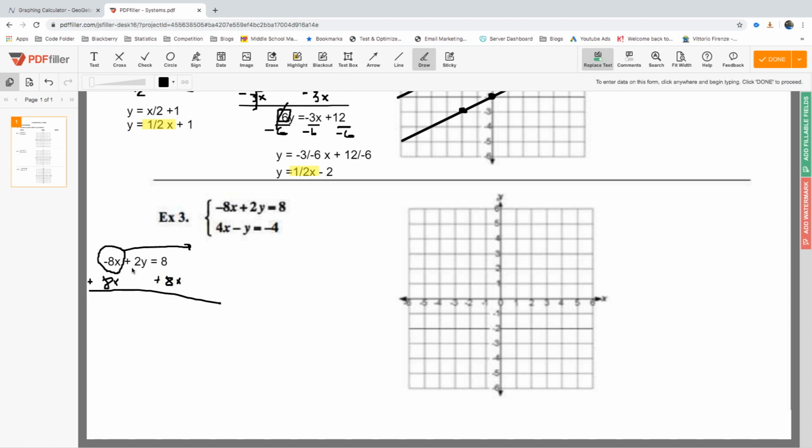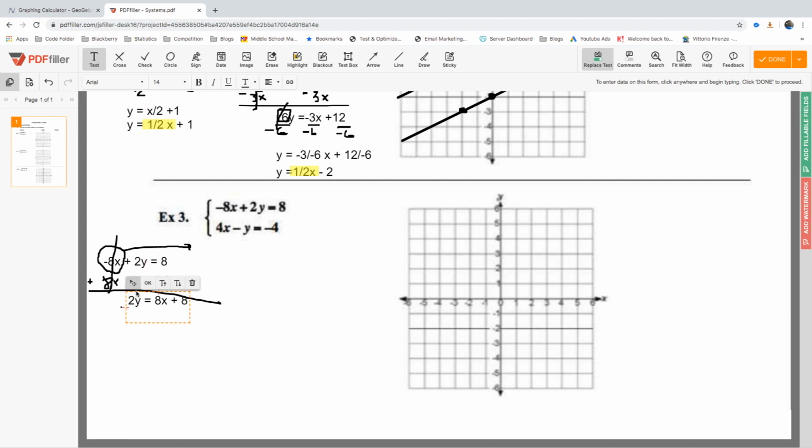And remember what we talked about. I've got a positive 8x and a negative 8x. They will cancel out. That is going to now leave me with 2y equals 8x plus 8. Oh, wrong number. 8x plus 8.